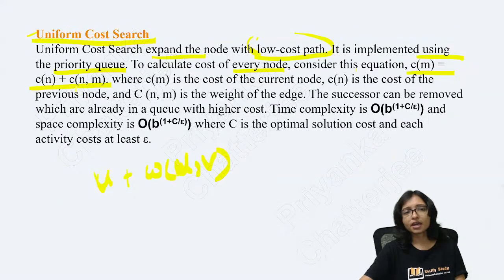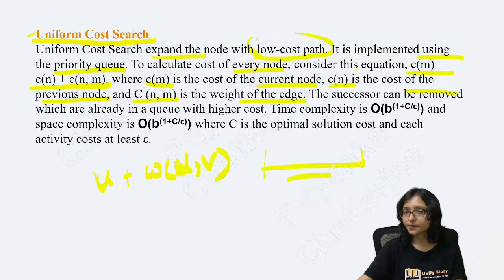The same concept is here: where you are, plus the cost to traverse. CM is the cost of the current node and CN is the cost of the previous node, plus C(N,M), the weight of the edge between N and M. That will be calculated.